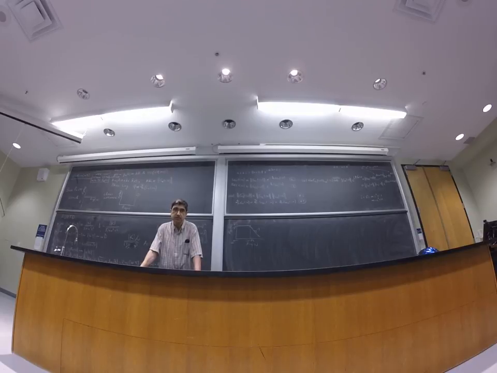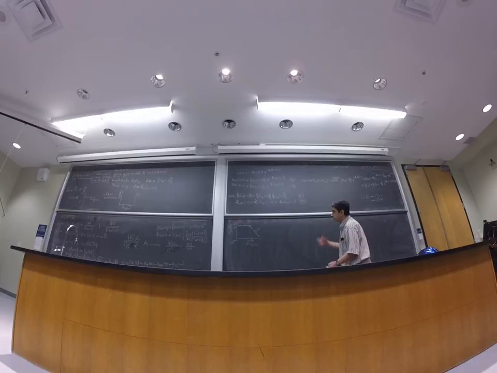Clear, everyone? So that's the top plot of G(s)1. Now, what is the Bode plot of G(s)2?